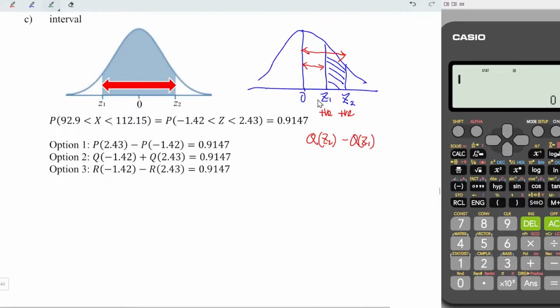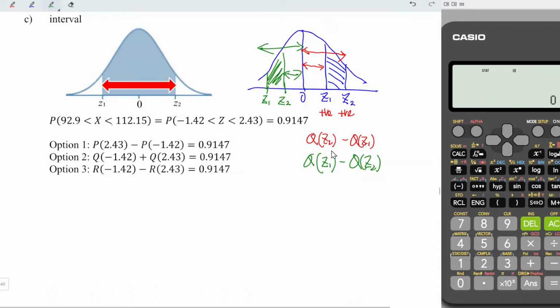On the other hand, if we turn the Z values to negative, for example, we have Z1 to Z2, which means that we should have the region here. And for this case, we should take Q Z1 minus Q Z2, since the Q Z1 region is bigger as compared to the Q Z2 region.